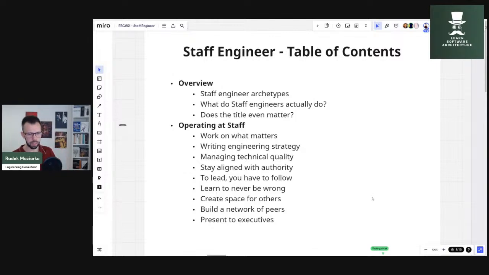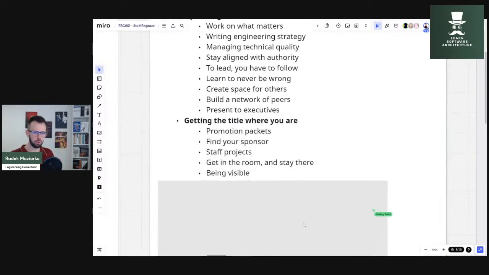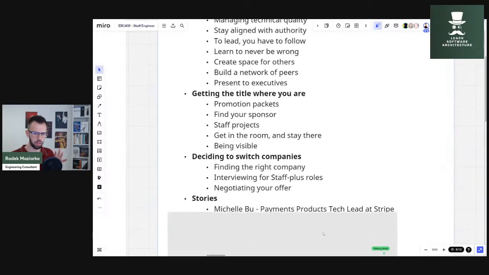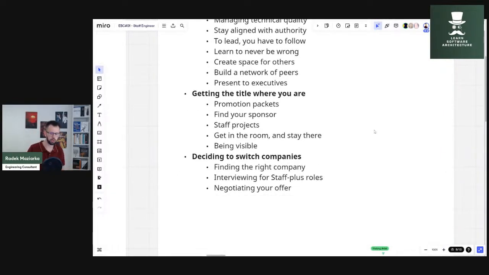Yes. Then we have two parts, quite smaller, but if you combine them together are pretty valuable, about getting this title and also deciding to switch companies. So how to become a staff engineer. So how to get there, how to find your sponsor, what the staff project is about, how to get to the people who are working on an executive level.